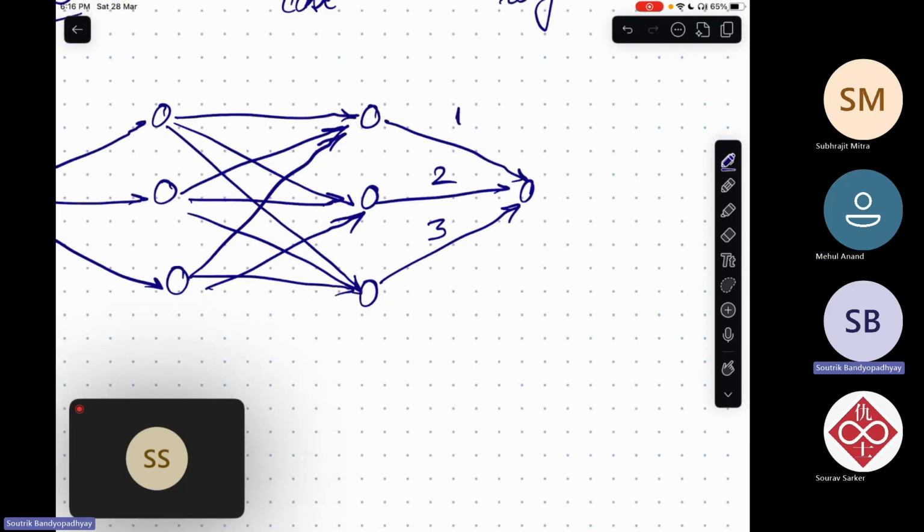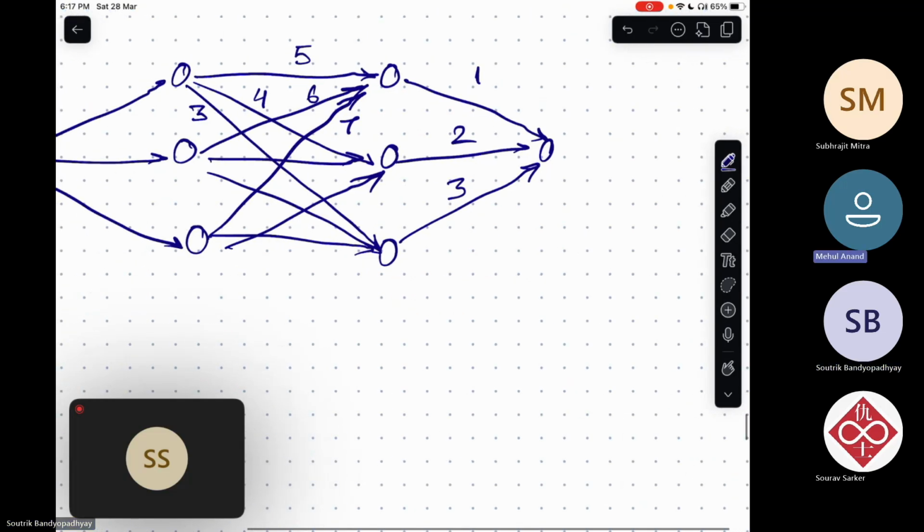So this is, let's say, 5, 4, 3. These edge weights are arbitrary, so don't quote me on this. This is 7, and let me make this a bit sparse so that you can see things.